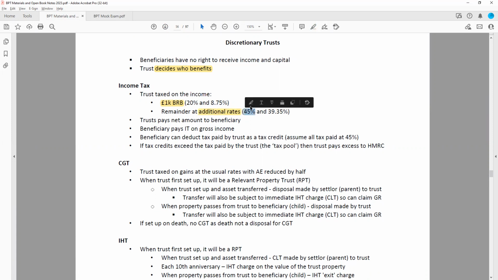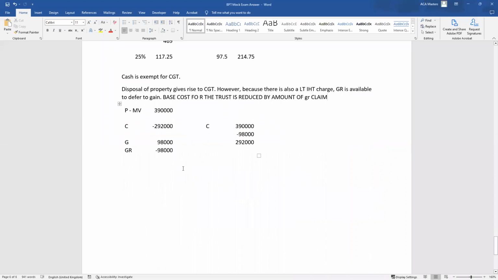So look at the rates relevant for your exam, but for exams in 23, then property income is going to be taxed at 45% and the dividends at 39.35%. So we can say, trust will pay income tax on property income and dividends.